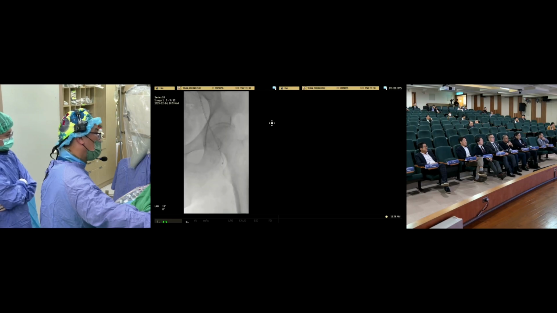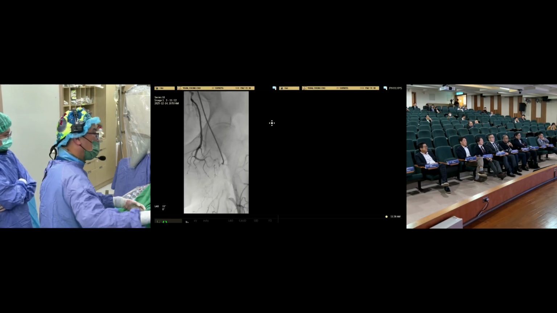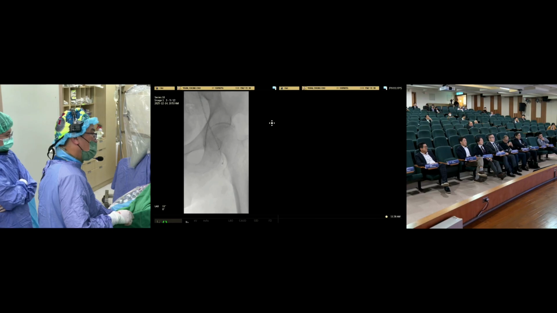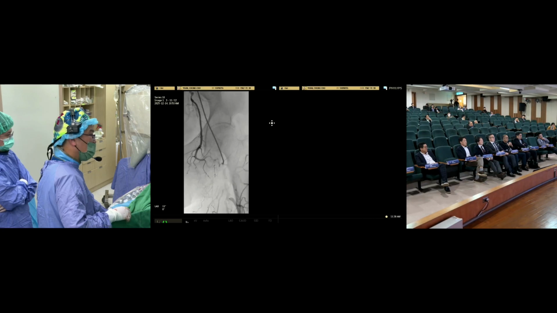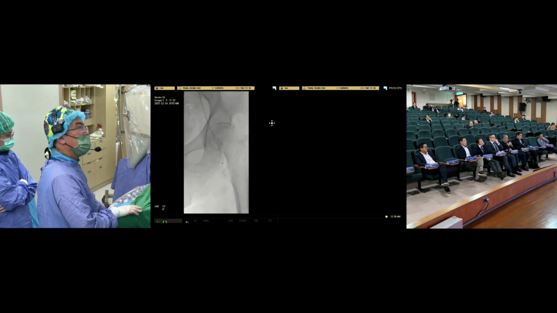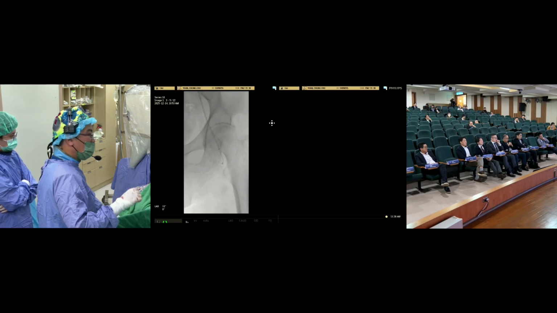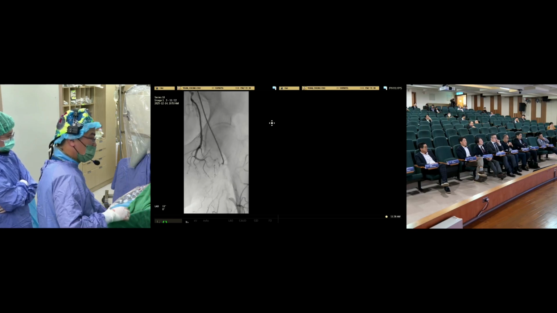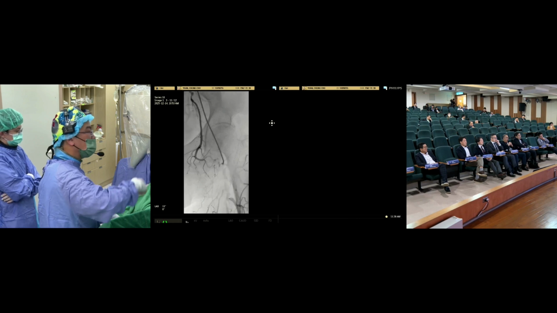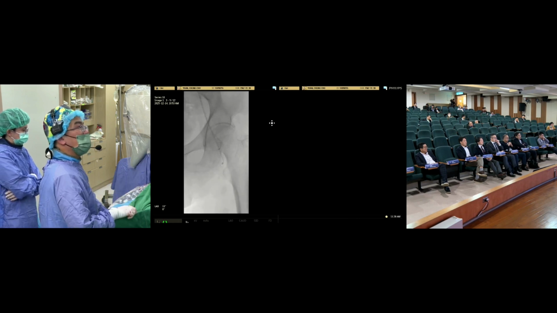Sometimes in such a case I will advance my guiding catheter past the potential ostium to the far distal and inject to find the ostium, because if we use contrast from higher than the ostium, sometimes the flow is too fast.